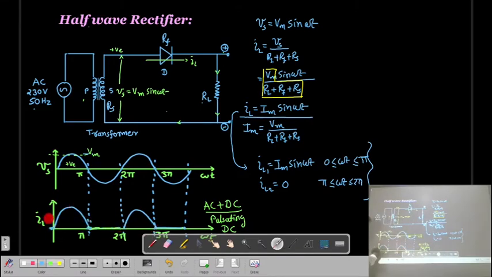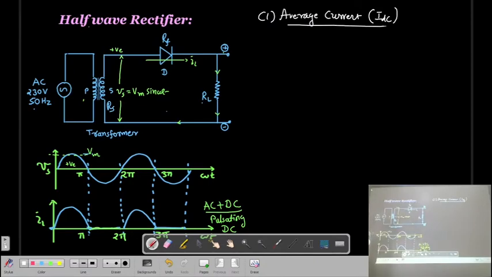If you find the average of this current for one complete cycle, then it is known as the DC current of the rectifier, or the average value of the current of the rectifier. So now we will calculate the average value of the current.